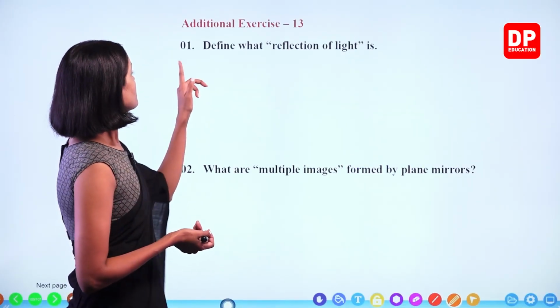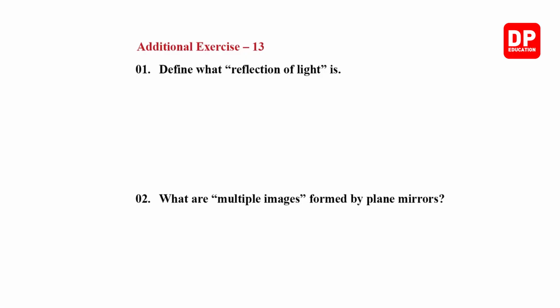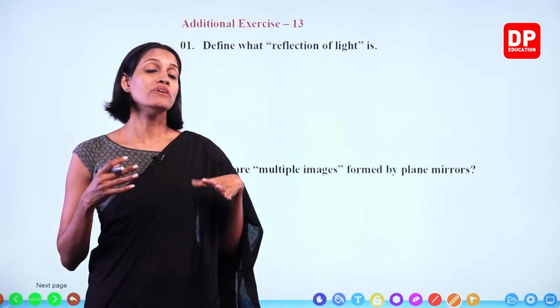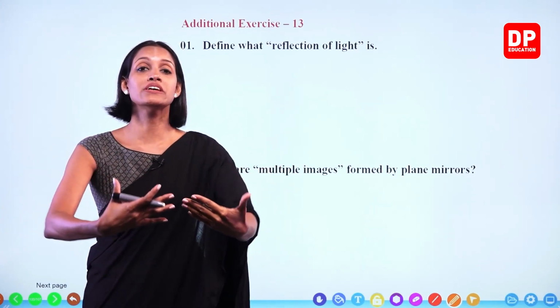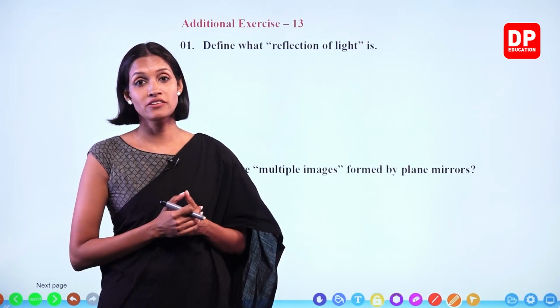Right. Number 13. Define what reflection of light is. What is reflection of light? When light falls on a certain surface, it bounces back or it returns in the same medium. Right?